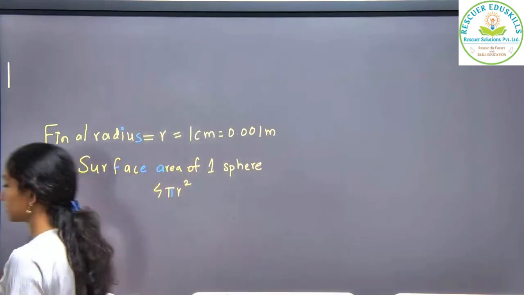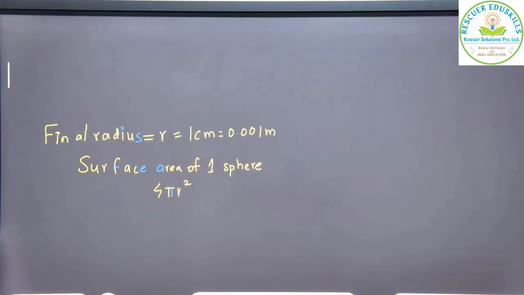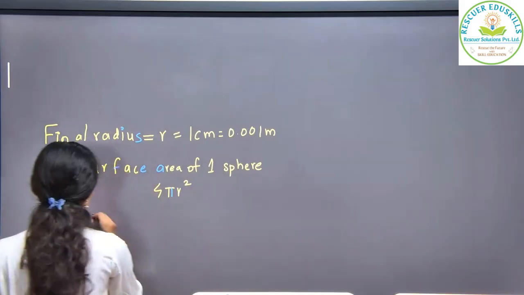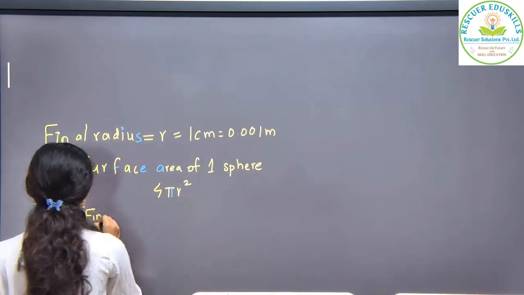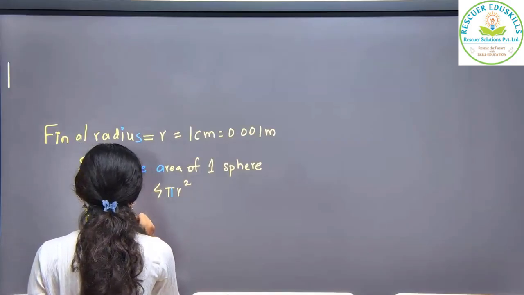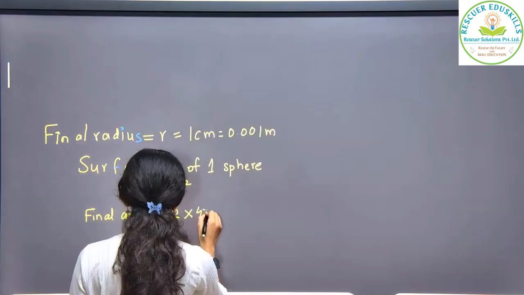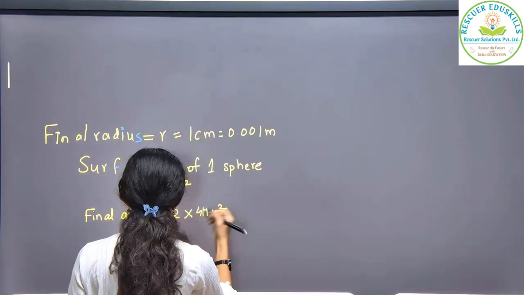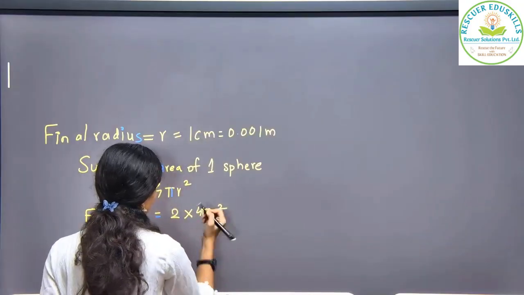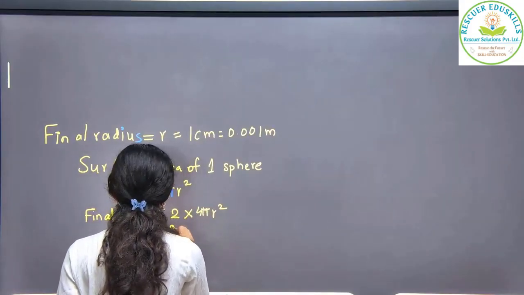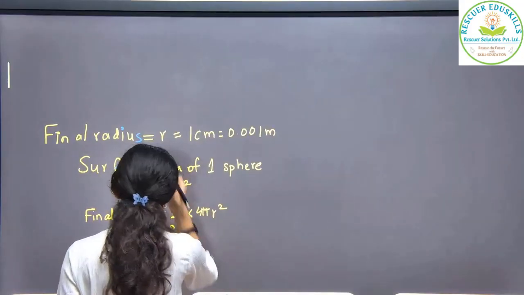So now again, as I told before, this soap bubble has two surfaces. So we can write the final area as 2 into 4 pi r square. So we can simply write this as 8 pi r square.